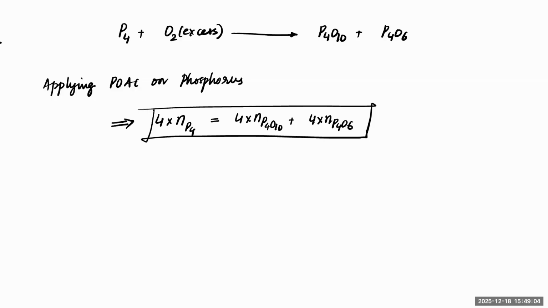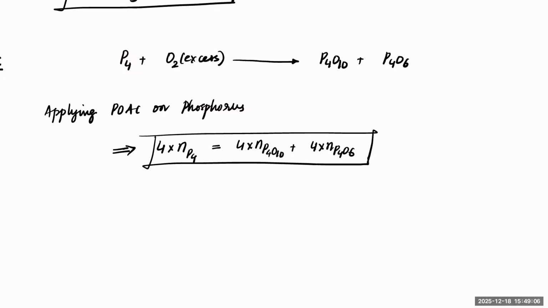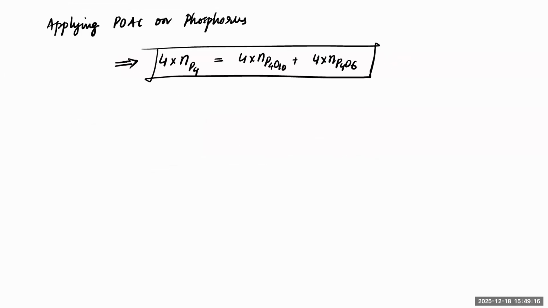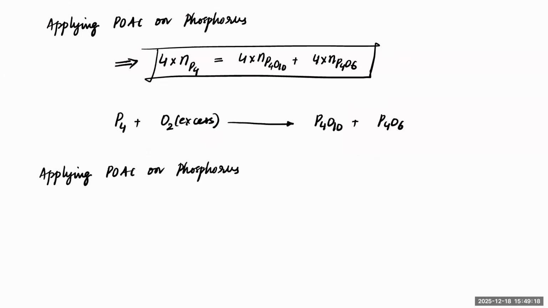What if I give the same question in a different format like this? I've given you the same thing, but this time the excess amount is on this side. And now I'm applying POAC on oxygen.